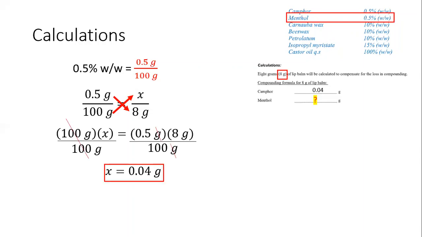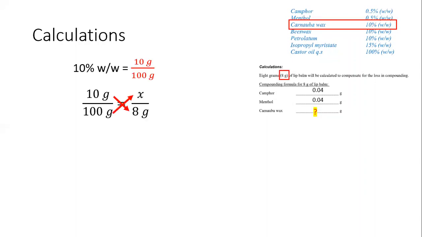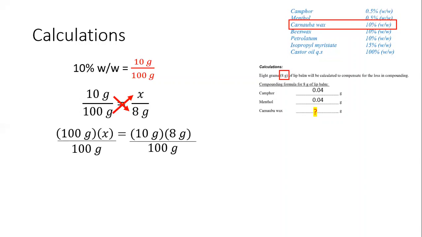Next, we will go ahead and calculate carnauba wax. Again, this calculation will be performed similarly to the two before. This time we get X is equal to 0.8 grams.